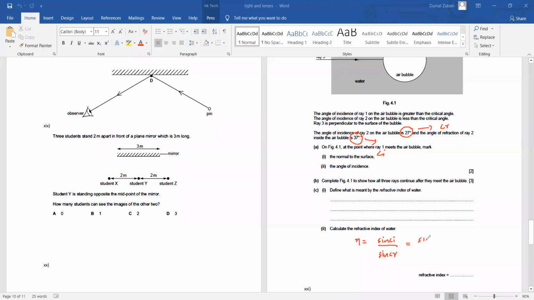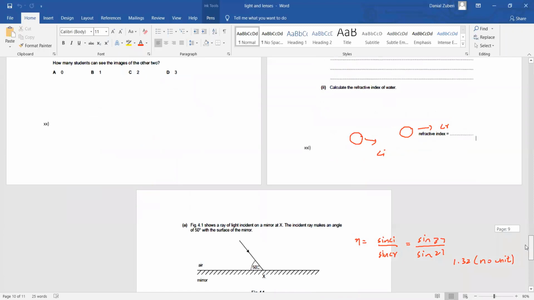So I would write, according to this formula, sine 37 over sine 27. So it comes out to be 1.32. And refractive index has no unit because it is a ratio between two similar quantities. Okay.